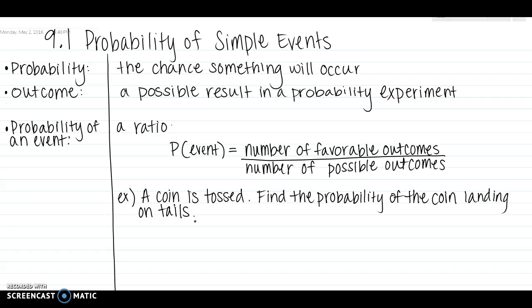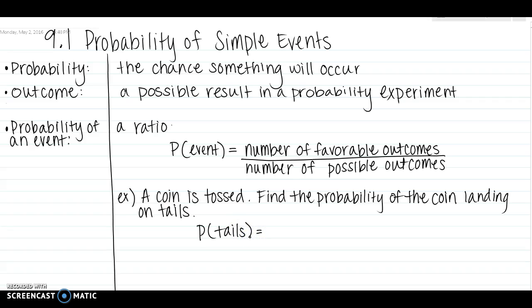Now you might know automatically what that probability is, but let's make sure we understand why and make sure we understand the correct notation. So again, we want to use our capital P, and inside our parentheses is going to be whatever event we're trying to make happen. So in this case, it's going to be the probability of landing on tails.